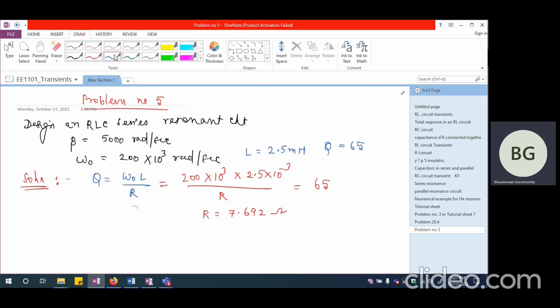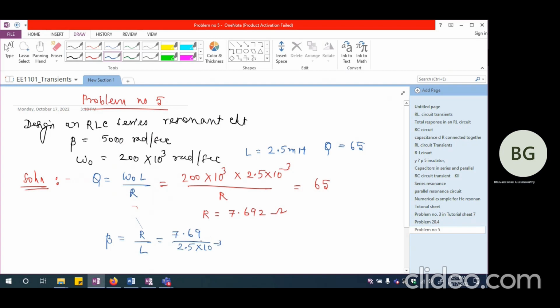Now, what is being asked is that bandwidth has to be 5000 radians per second. So we can say bandwidth is equal to R by L in this particular case. So R by L is 7.69 divided by 2.5 multiplied by 10 power minus 3.